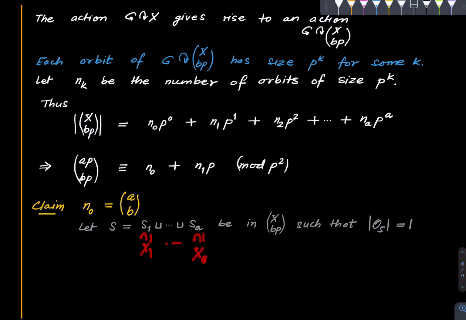Sa is a subset of Xa. I'm not formally writing it, but I hope that's understood. So if we have an element whose orbit has size 1, what can we say about that element?